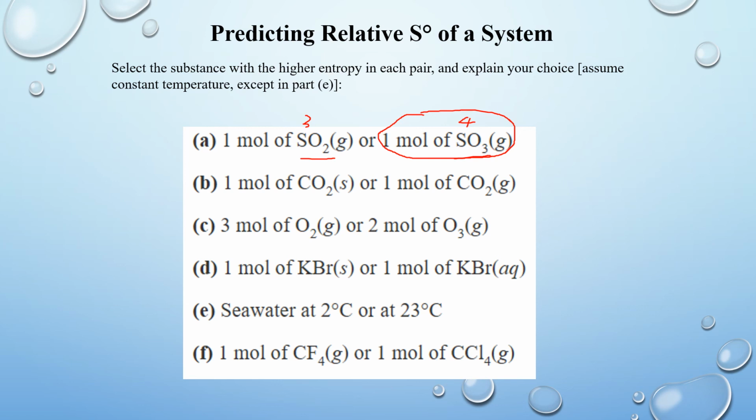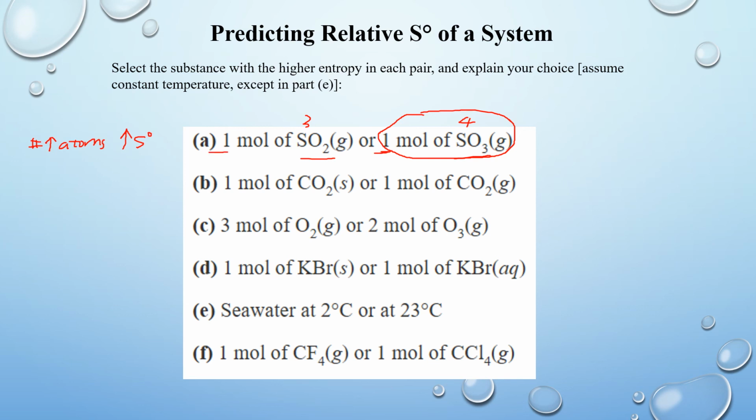So if you have the same number of moles of molecules, the higher the number of atoms within each molecule, the higher the entropy. When I say entropy, I mean the standard molar entropy.